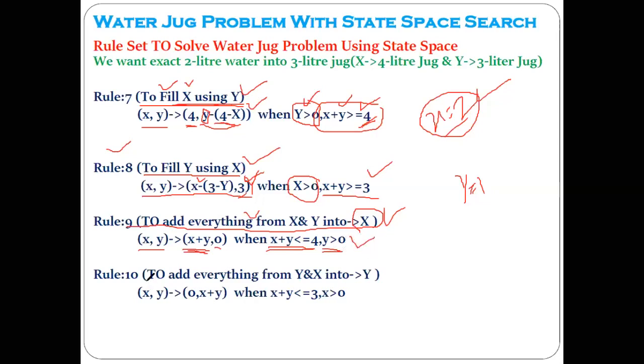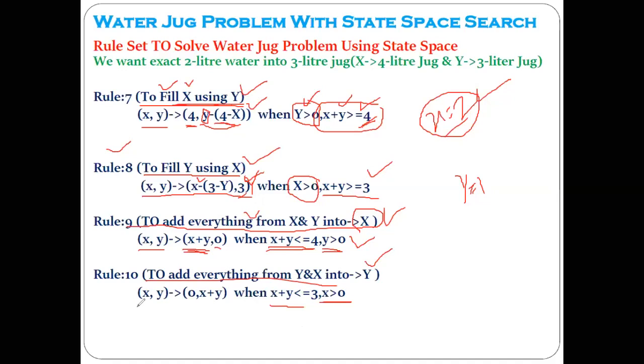Similarly, rule 10: add everything from y and x into y. Where do we want to put all the water from x and y? Into the y jug. When can you do it? When x plus y is less than or equal to 3 and x is greater than 0.